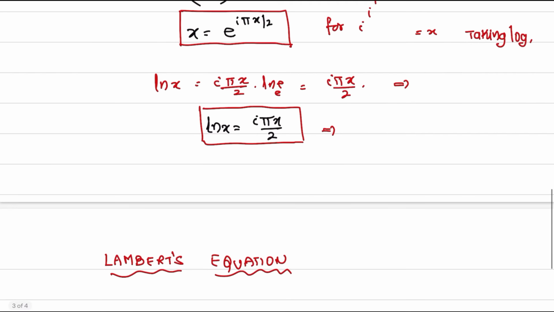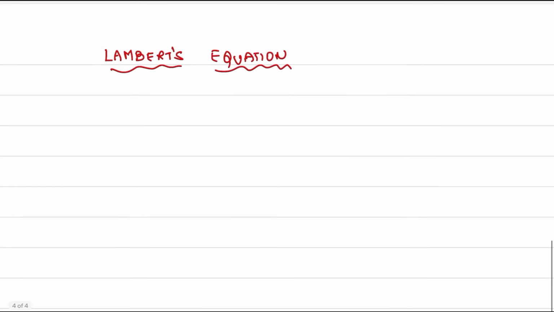As you already know, x is equal to e to the power of I pi x by 2. Which implies, if you take this I pi x by 2 on the left hand side, what happens? X into e to the power of minus I pi x by 2 is equal to 1.